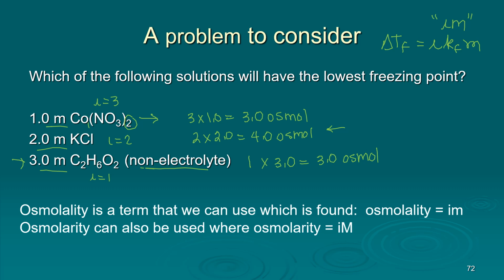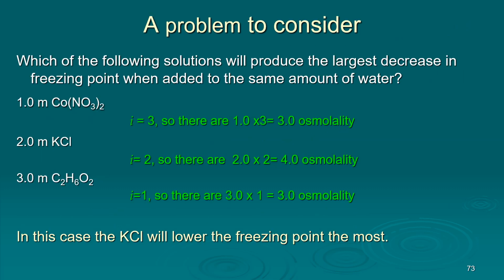They're the same, even though this is 1 molar and this is 3 molar, because this breaks up into 3 particles. So the lowest freezing point is the KCl. You want to remember little i. All right, so I just went through that problem. KCl has the lowest freezing point.